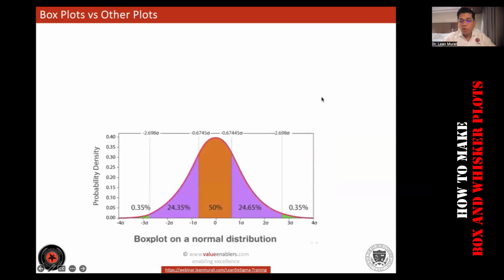If you see here, box plots versus histogram. All of you are familiar with this bell-shaped curve called normal distribution. Type yes in the chat box if you're familiar with this.